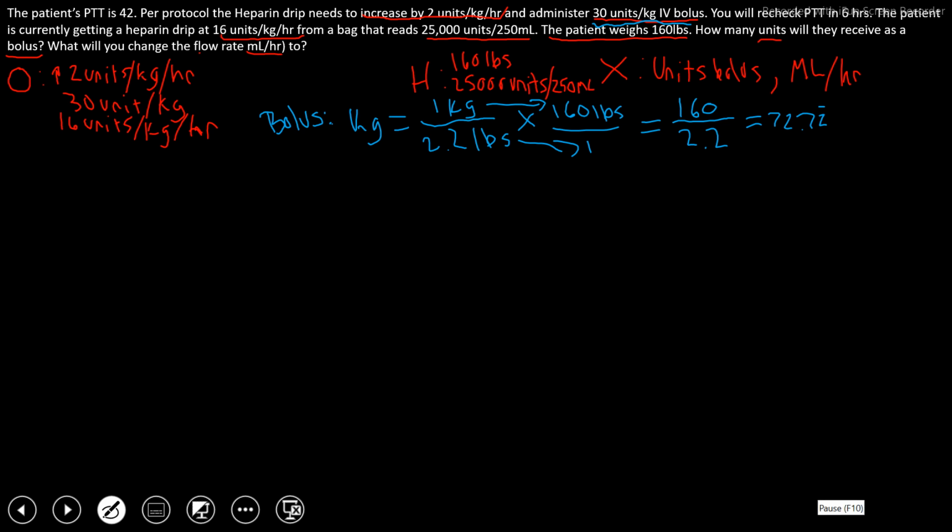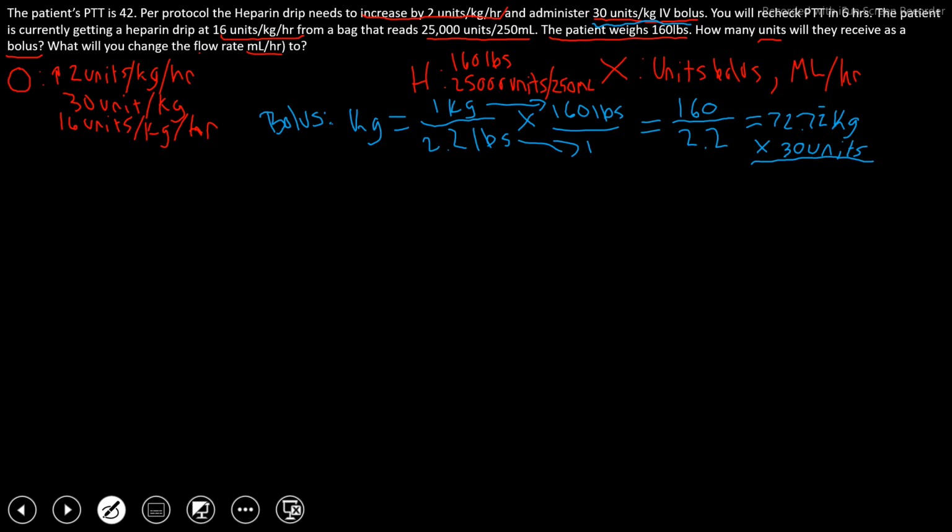Since this is now his weight in kg, we can go ahead and times it by the 30 units. This is where it gets a little less dimensional analysis and a little more just regular math.